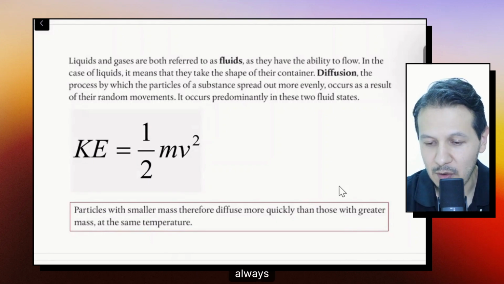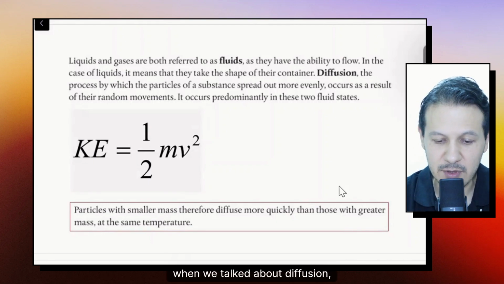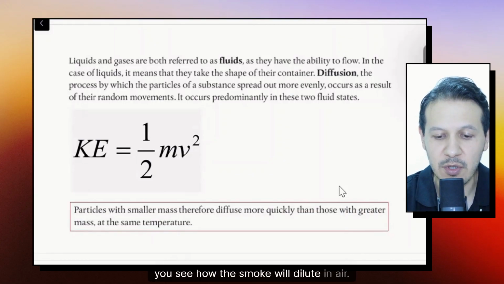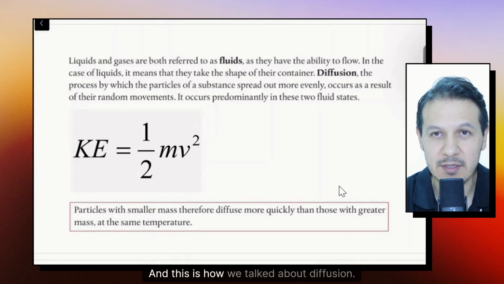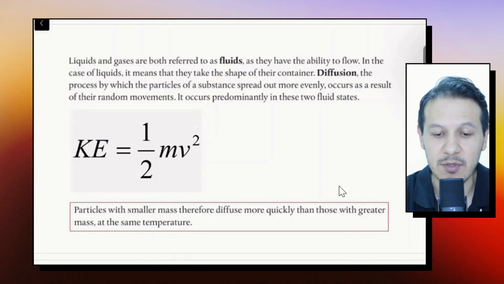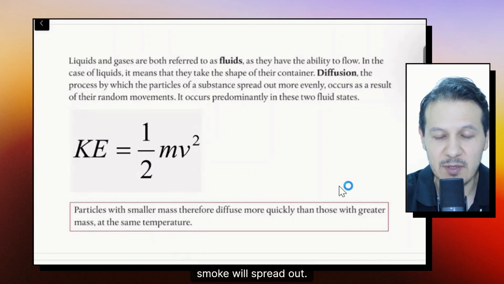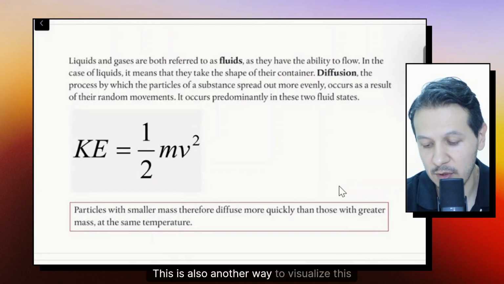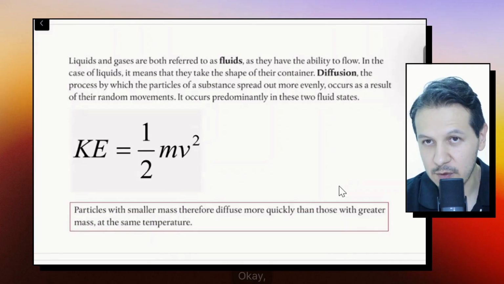So always when we talk about diffusion, for example, you see smoke, you see how the smoke will dilute in air. And this is how we talk about diffusion, how this smoke will spread out and you will see how it disappeared over time. This is also another way to visualize this diffusion, okay?